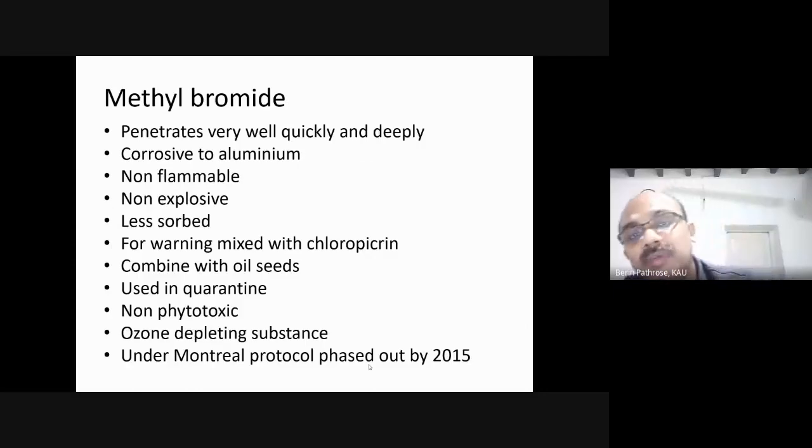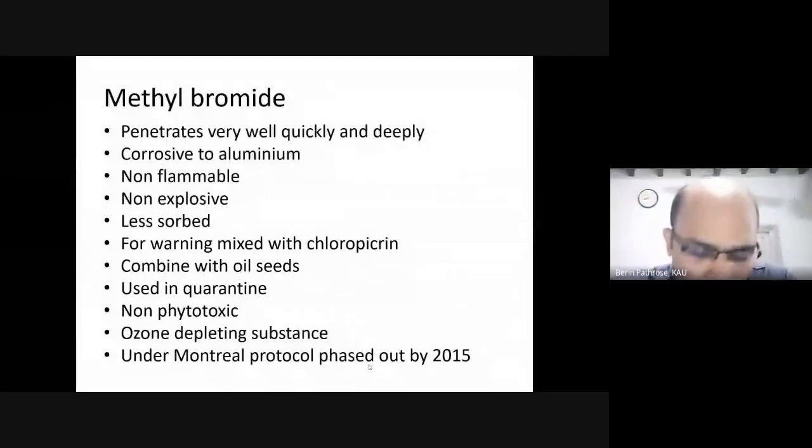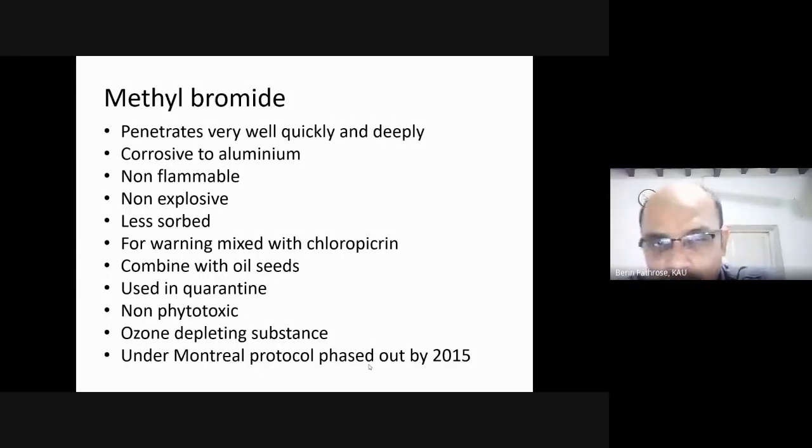Then coming to methyl bromide. If you see the characters of methyl bromide, it has almost all the characters of an ideal fumigant. It penetrates very well, quickly and deeply. One disadvantage is it is corrosive to aluminum, so grains in aluminum containers can't be fumigated.